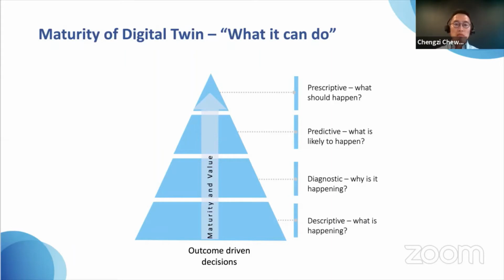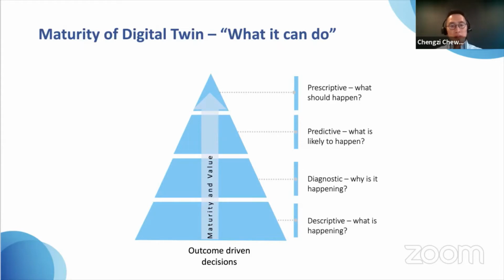And on the predictive level, it can tell you what is likely to happen in the future. This is also the level where the digital twin is a bit more proactive and is able to forecast the future and bring you some more insights. And the last level is prescriptive, where the digital twin can forecast the future and be able to make decisions to avoid certain events. And this is the level which we are really excited to get into.